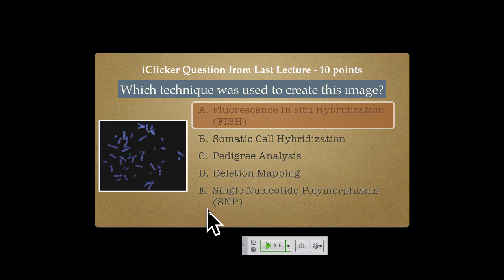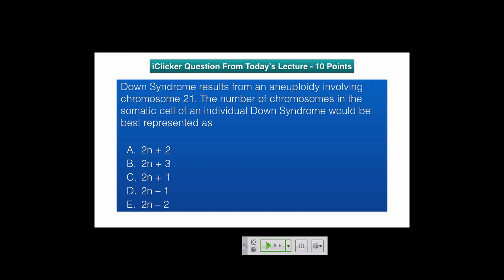And then the probe, which is kind of hard to see under this lighting, this little spot over here and this little spot over here, is labeled with a fluorescent tag so that we can visualize where that probe is localized. And in this case, we know that that particular probe, which is a DNA sequence, is part of chromosome number 9. Okay. And a straightforward question about something we'll be talking about a little bit later today.